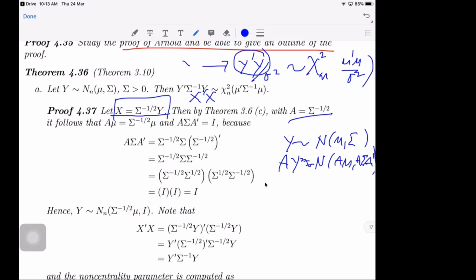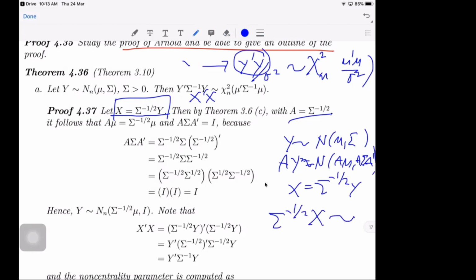So that is the distribution. So our x is equal to sigma inverse y, and after we transform it, it is sigma raised to the negative 1/2 x.